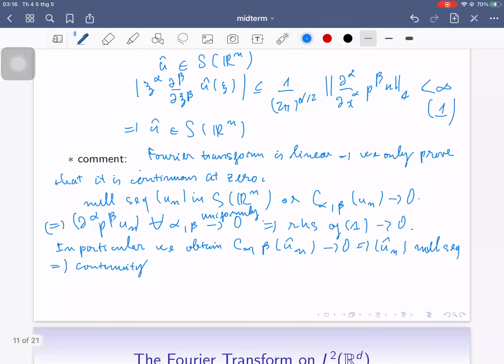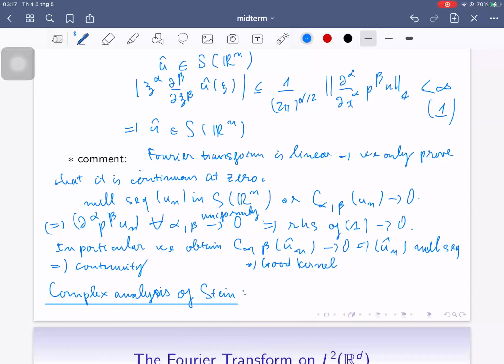To prove the inverse formula, we follow the proof in the book Complex Analysis of Stein. First, we define a good kernel. A good kernel is a family of functions.